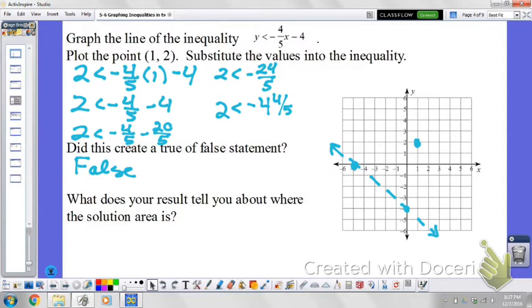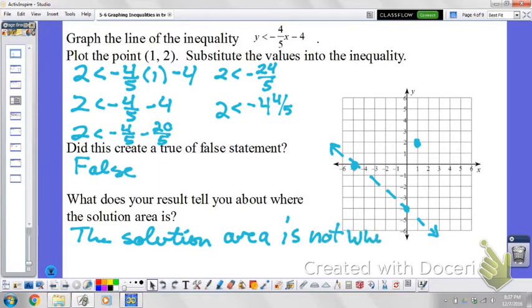And since the point (1, 2) did not do that, we know that the solution area is not where that point is. So specifically, it's not above the line. So we know it is below the line.